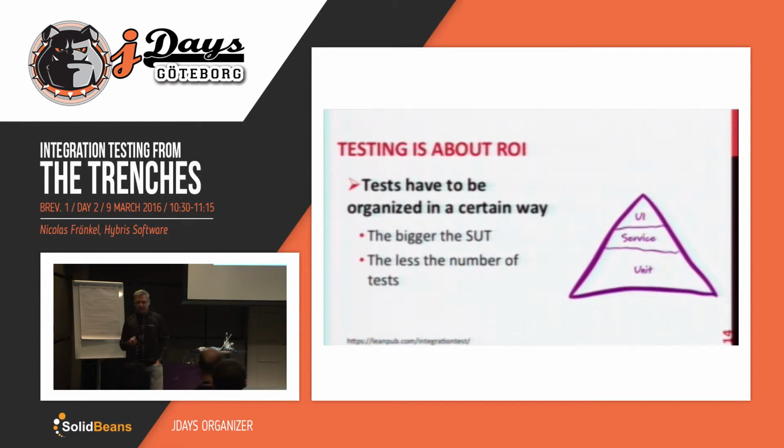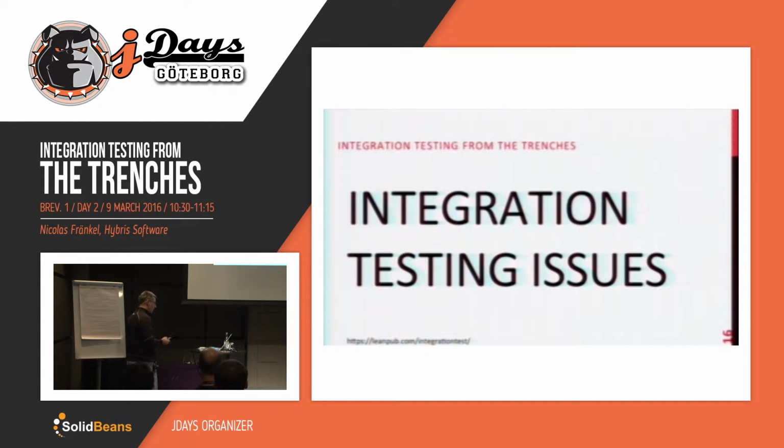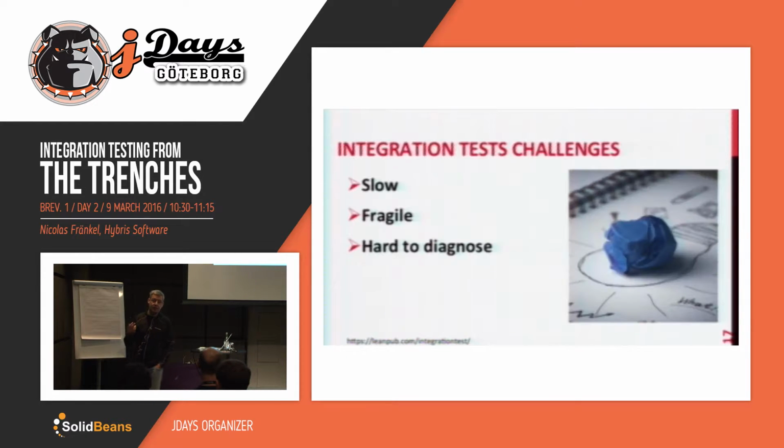With integration testing come some issues that you don't have with unit tests. And the main issues are they are slow, they are fragile, as I said, and they are harder to diagnose because you have a bigger system in the test.